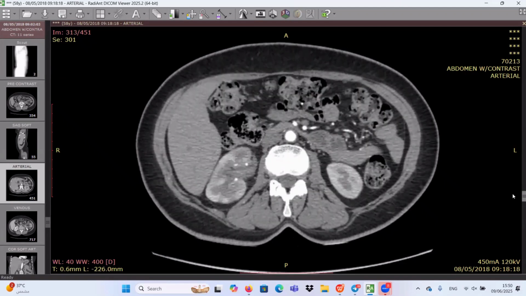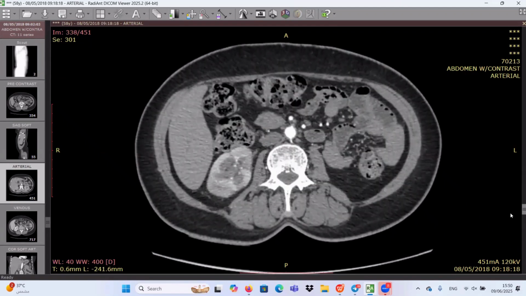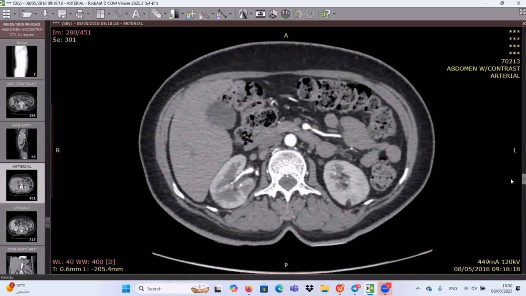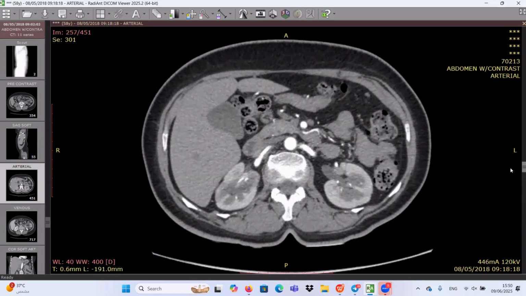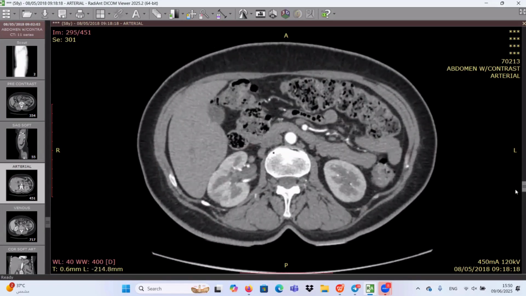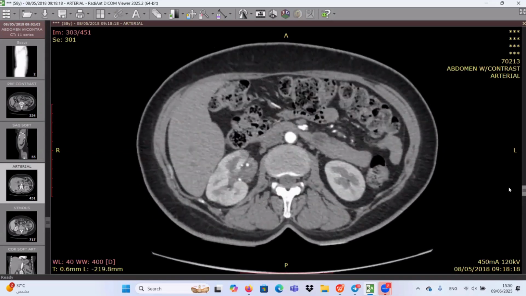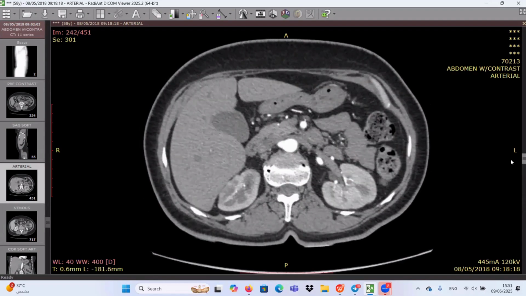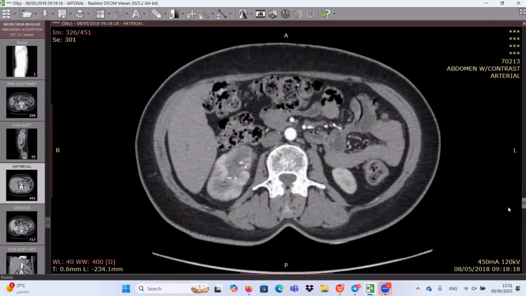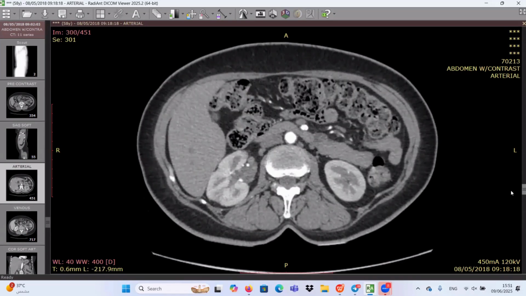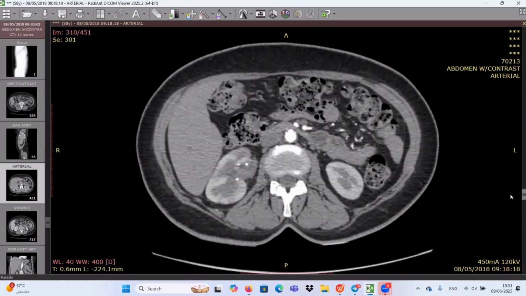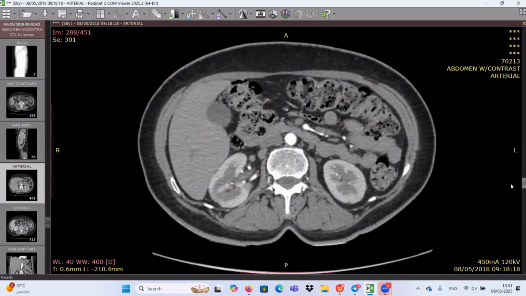I wasn't provided with the history of this patient, apart from hematuria with right flank pain. So there is this right-sided soft tissue mass lesion with internal vascularity within the renal sinus.